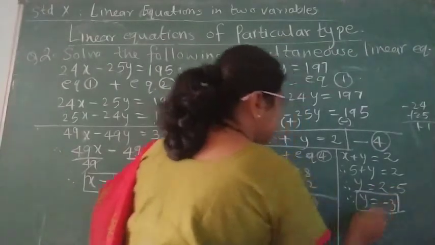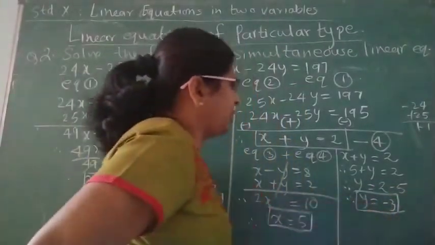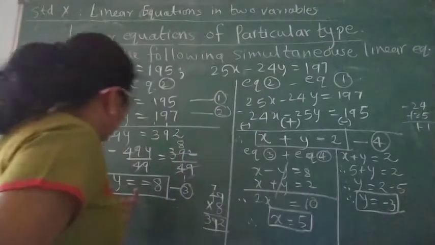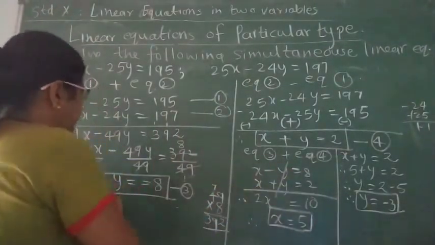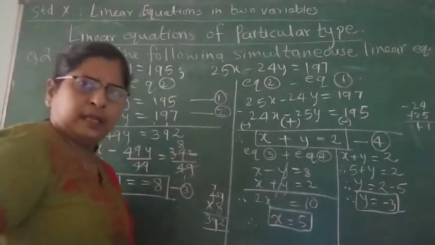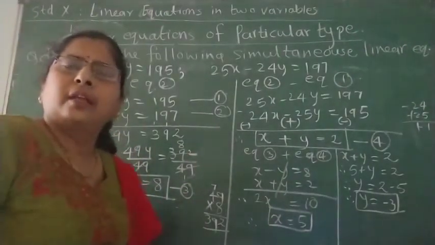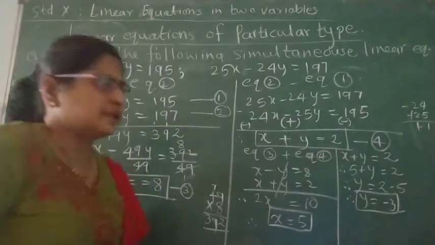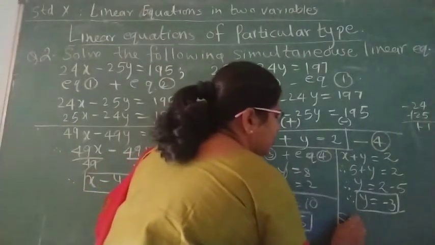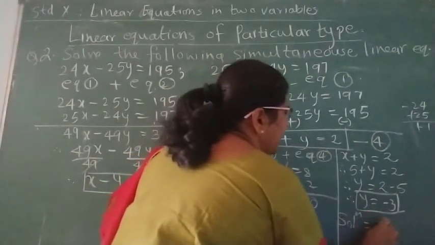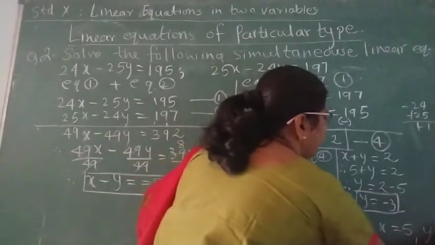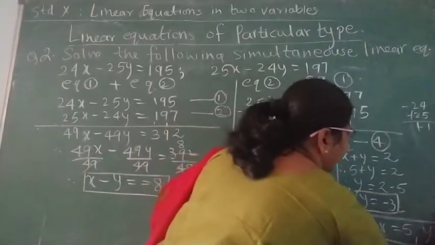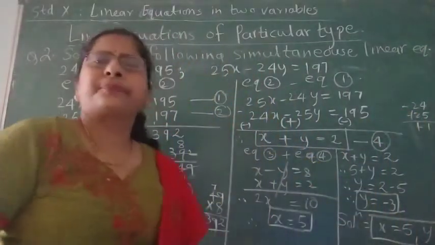We can verify this x and y by substituting in x minus y. 5 minus minus 3 is 5 plus 3, it is 8. So this simple verification will give us confidence that our answer is correct, and then we can write our solution that x is equal to 5 and y is equal to minus 3. This is our final answer.